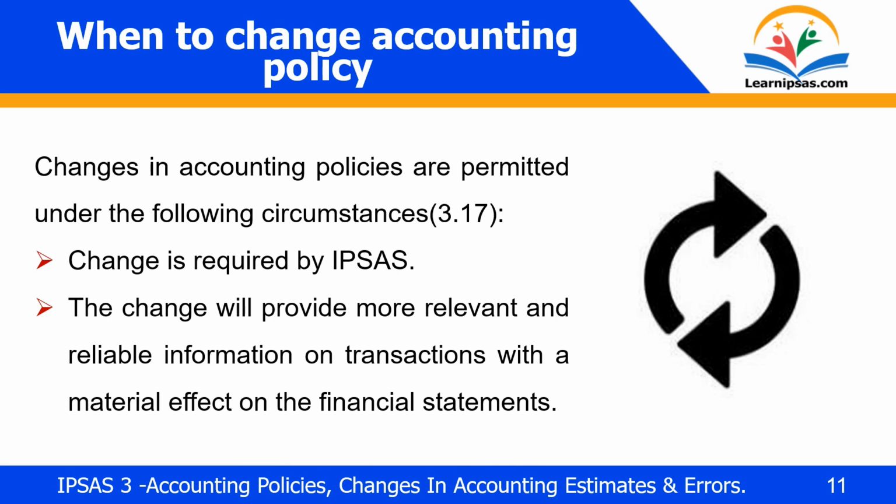When IPSAS forces you or guides you, for example, IPSAS 13 used to guide that rent is written off as an expense. Now, IPSAS 43 came in and guides that we capture it in the balance sheet as a right of use asset. And so when a new IPSAS comes in, it requires you to change your accounting policy.